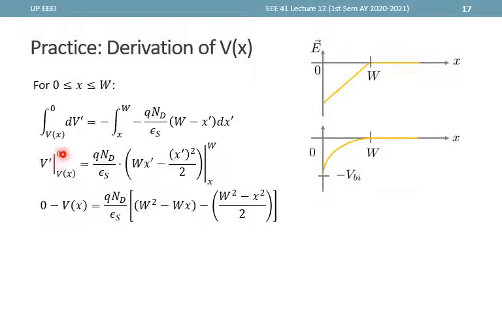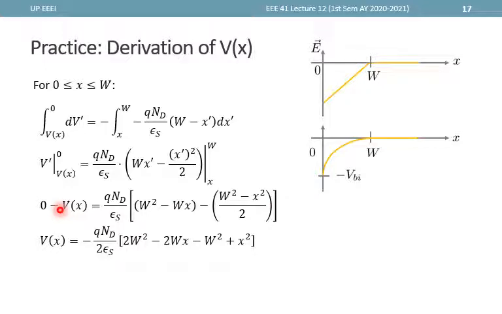So here we end up with 0 minus V of x. We copy the constant, W times W squared, minus W times x, minus this quantity here evaluated at the two ends, W squared minus x squared over 2. So we get this expression here.